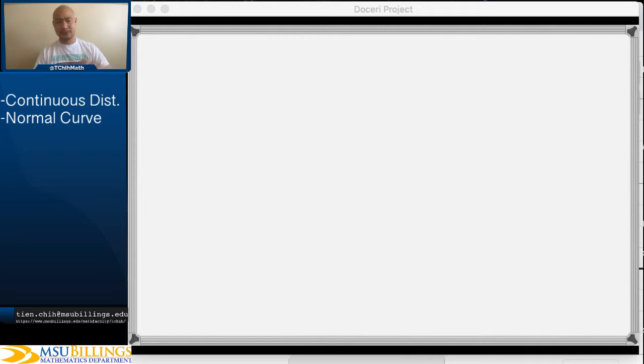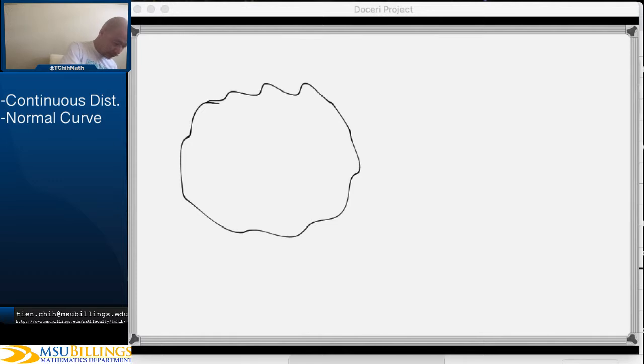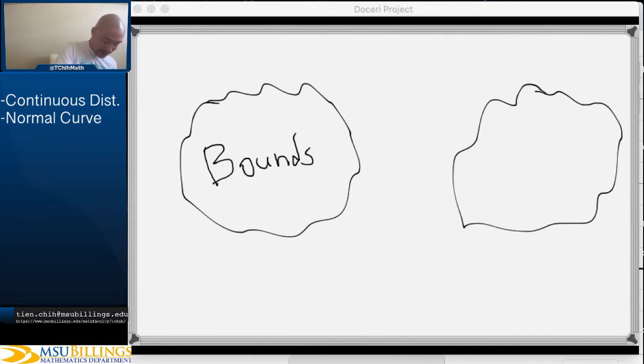And so, I'll move this slightly. To visualize what that might look like, we have a world of possible bounds, and another world of areas slash probabilities.